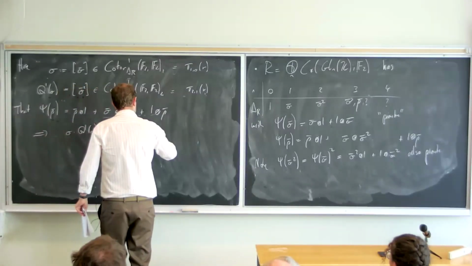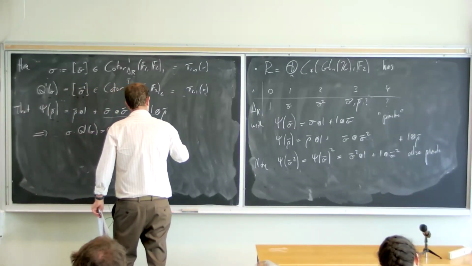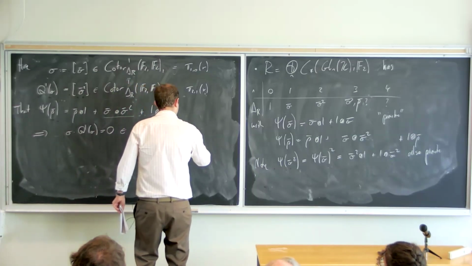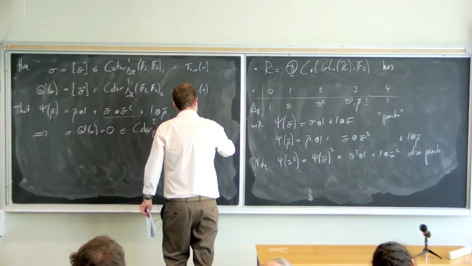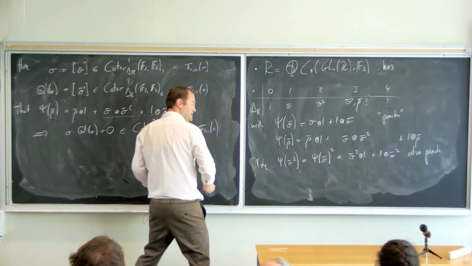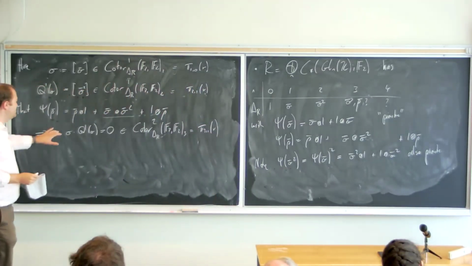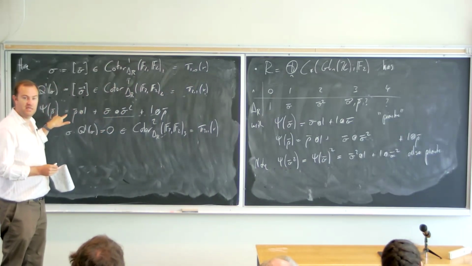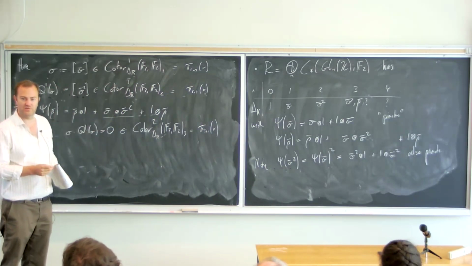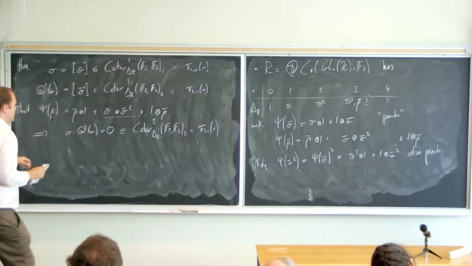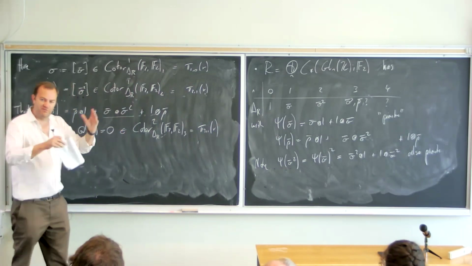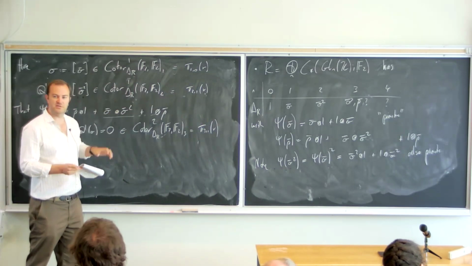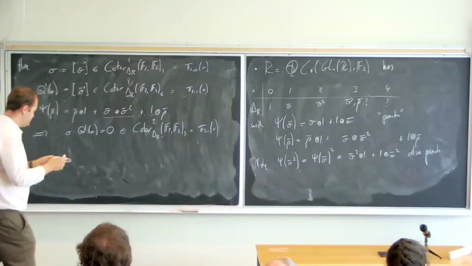I guess it's going to be Cotor2, F2, F2. I guess it'll be in grading 3, and it will be in then pi 3,1 little r. That's exactly what it means for something to arise as in the coproduct of something else. It's saying in the cobar complex, it becomes a coboundary. If there were many terms here, then the sum of them would be a coboundary, but here there just happens to be one non-trivial term, so it just tells you that that is 0.